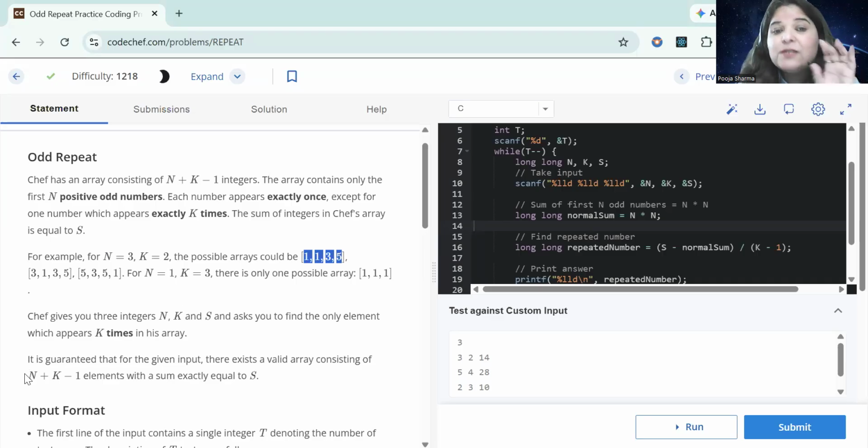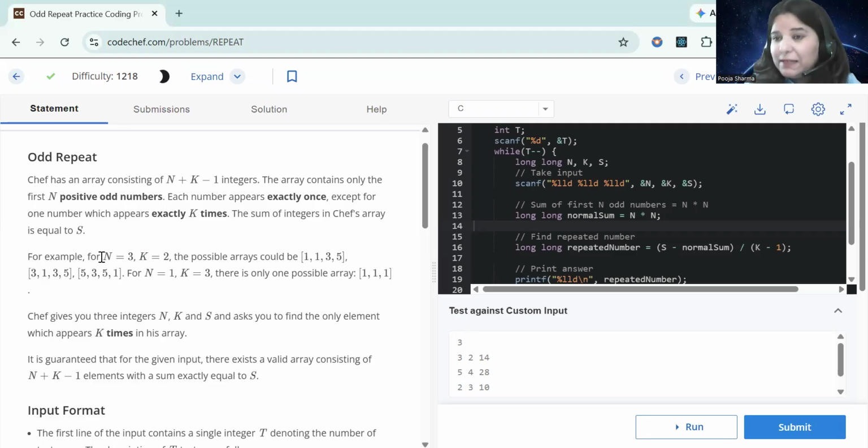Here n equals 3, yes, 1, 3, 5. 1 is different, 3 is different, and 5 is different. Now, k equals 2. There must be some element which is double. So, which element is double? 1, right?